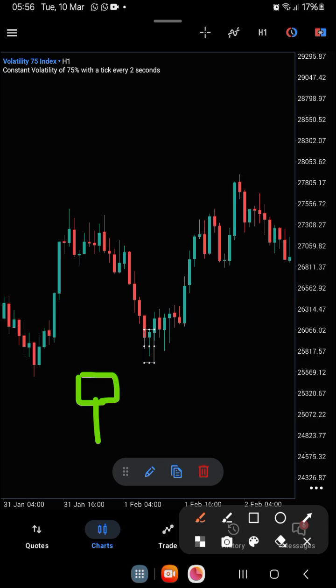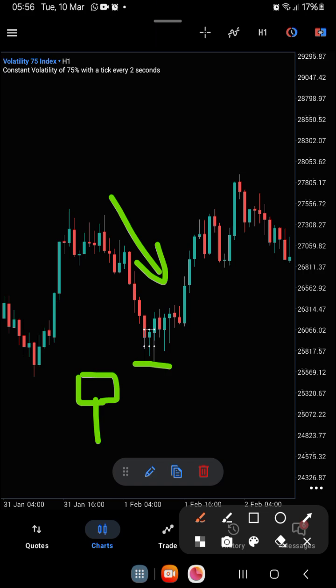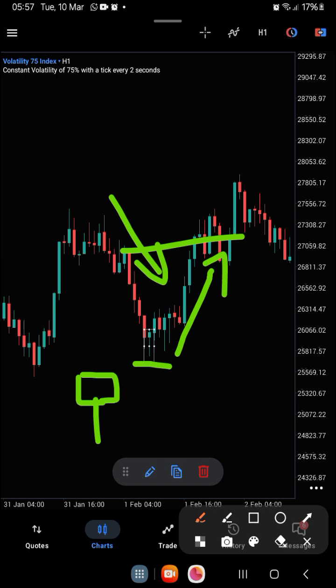As we've seen, we were coming down here, right, until a hammer appeared over here. So this hammer here was then followed by a green candle that then gave it confirmation to say, yes, we will buy. So if someone is to enter here, they would ride this market until somewhere here. Okay, but that's not the point for now. Sorry, I keep on going into the actual trade execution.